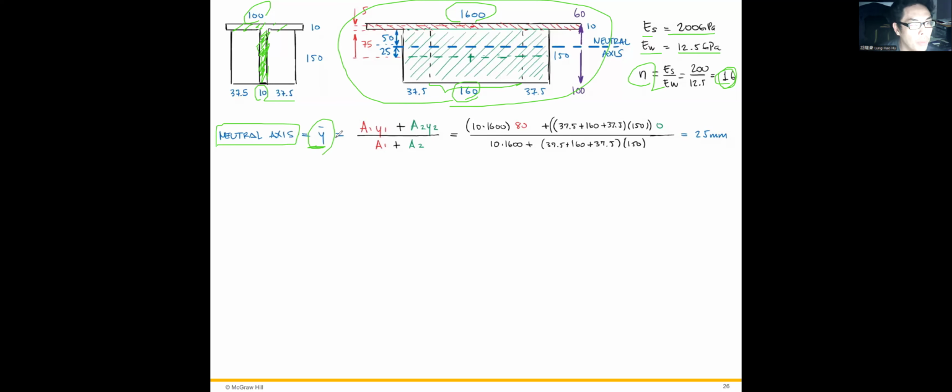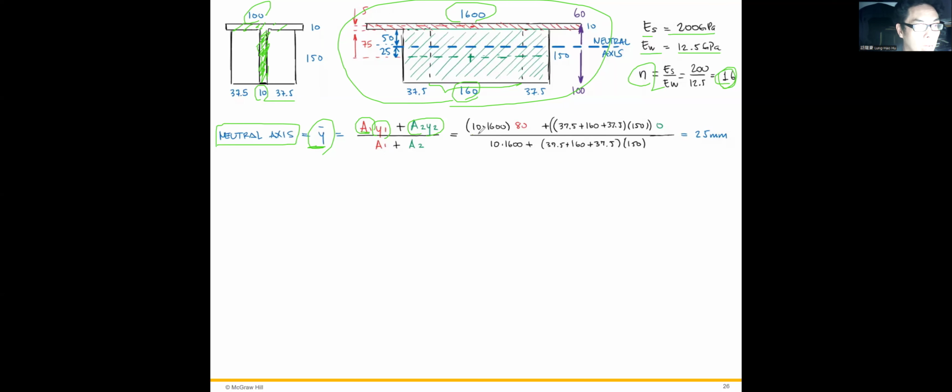Okay, so the Y bar equals, from this numerator, A1 times Y1. Where's the A1? A1 is the top plate of the steel, right? Top plate of the steel. Okay. And what is the A2Y2? What is A2 or Y2? Remember, it's whole timber. Okay, therefore the A1 is the top plate.